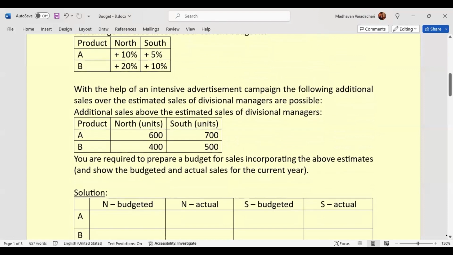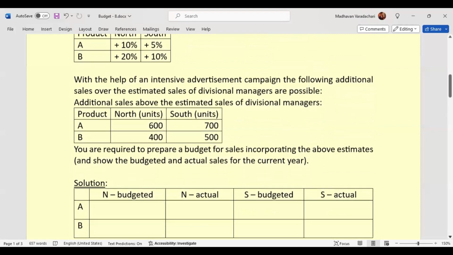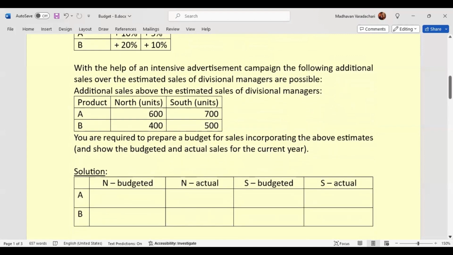If we consider the budgeted sale, 4,000 was the initial budgeted quantity.